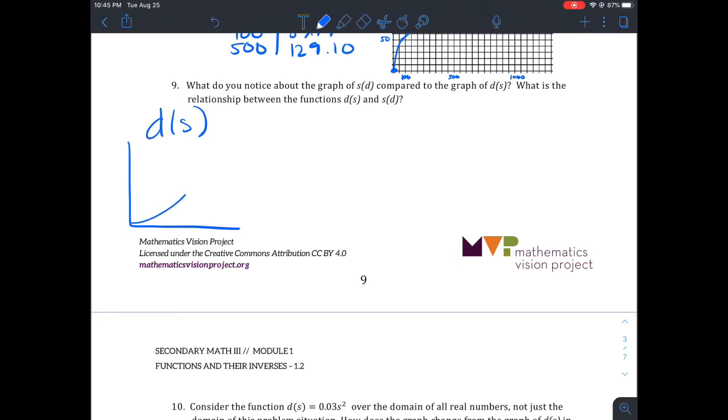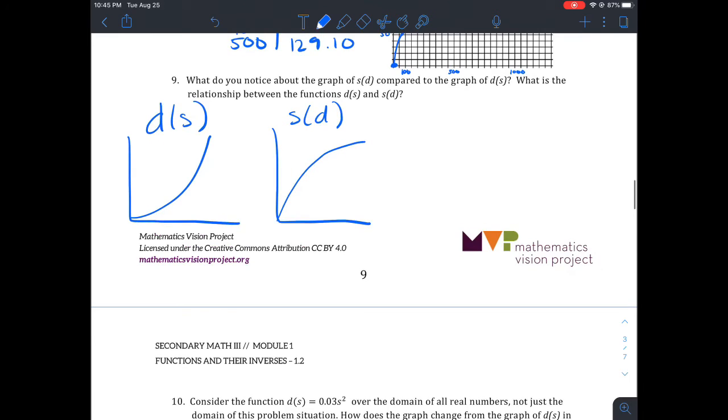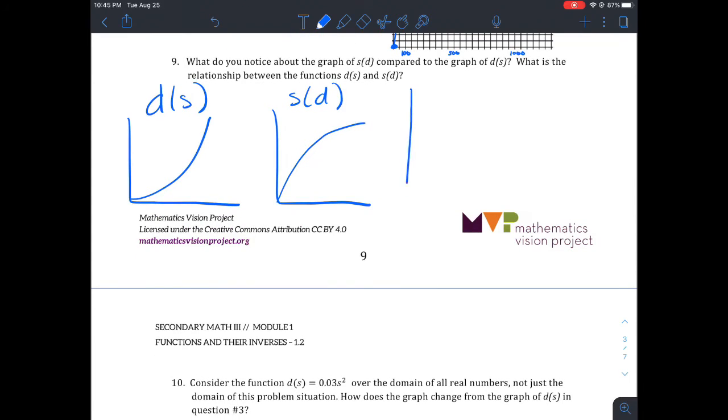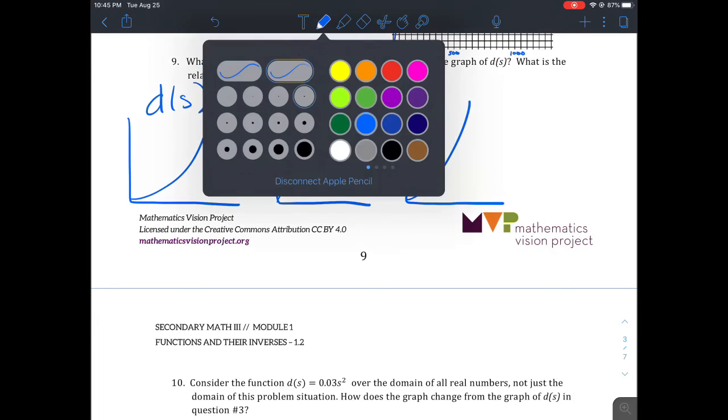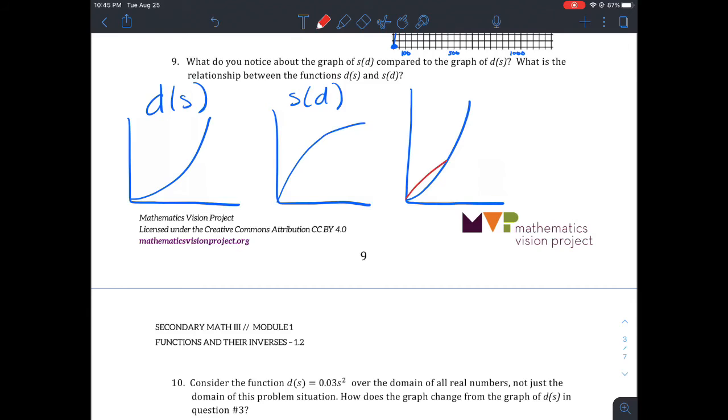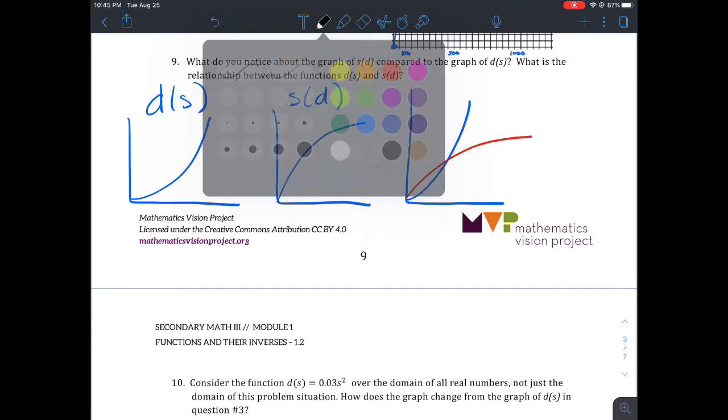We know that one looked like that, and s of d looked like that.